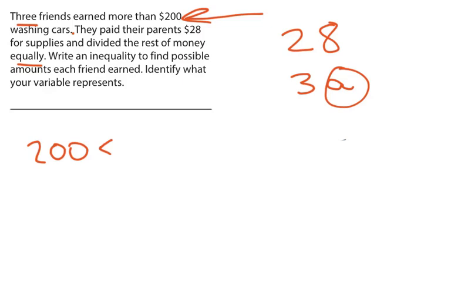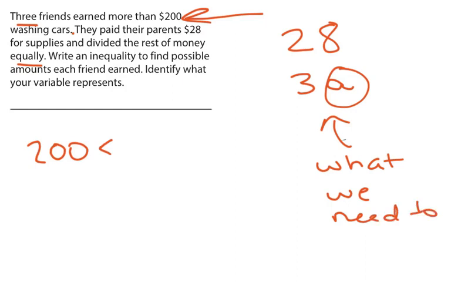And so write an inequality to find the possible amount each friend earned. Identify what your variable represents. All right, so we kind of did that already. Our variable is going to be what we don't know, okay? What we need to find. And in this case, A is the amount each friend earned.